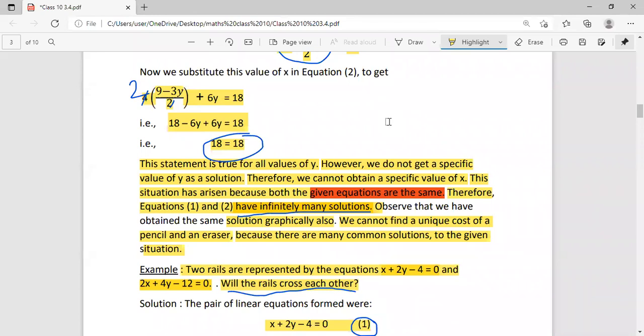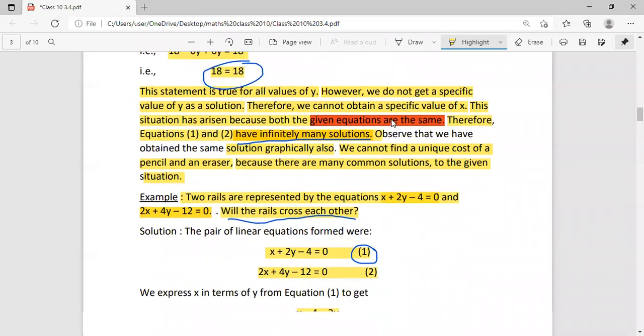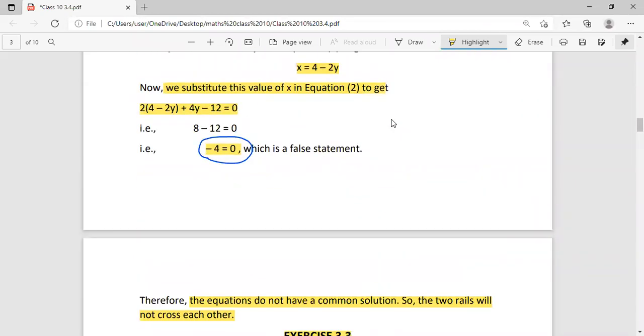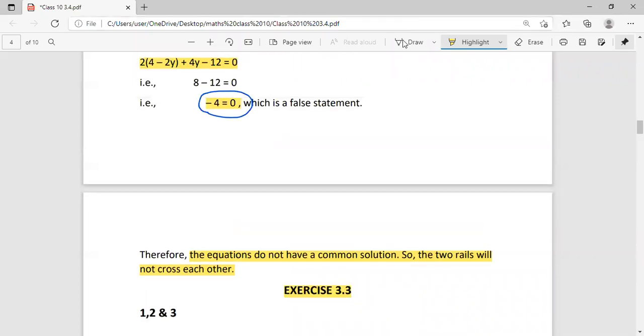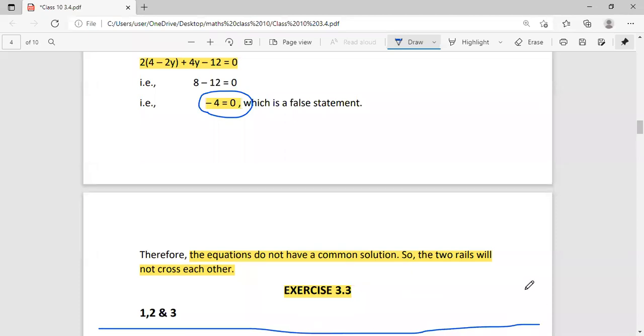Again, I remind you, you should solve these using the substitution method and learn it well, because in the next class we will be dealing with the elimination method, and you may get confused about which method to use and what the steps are. So you should be familiar with the substitution method, do the exercises, and ask me if you have any doubt.